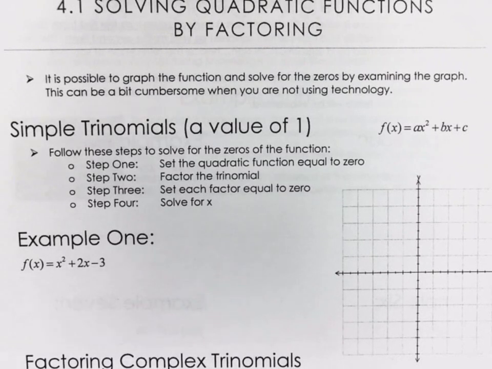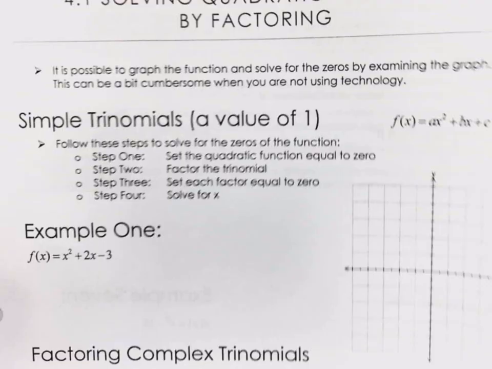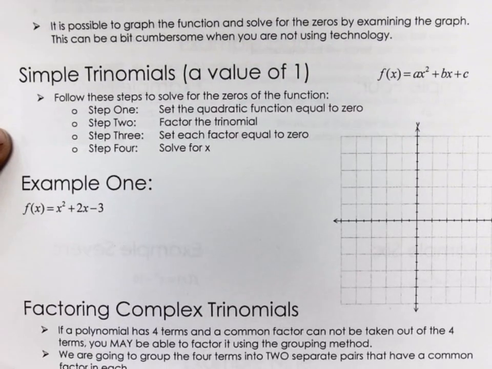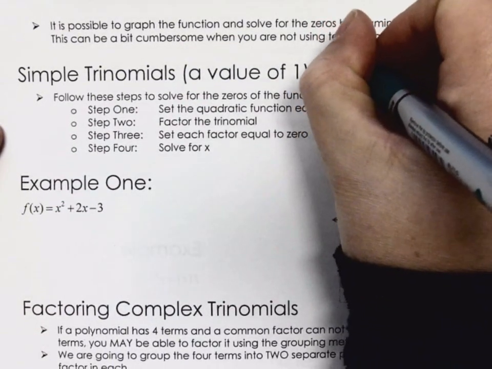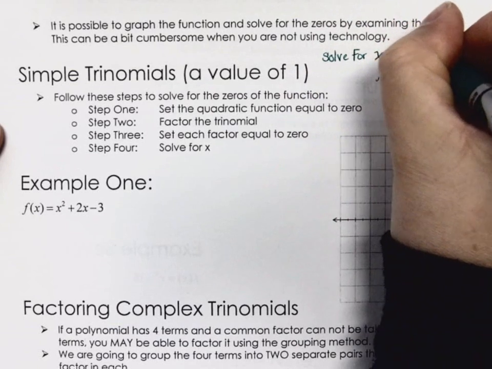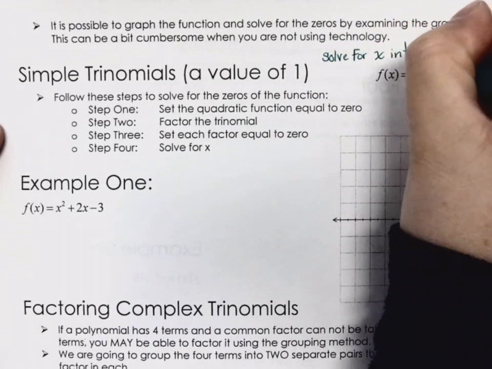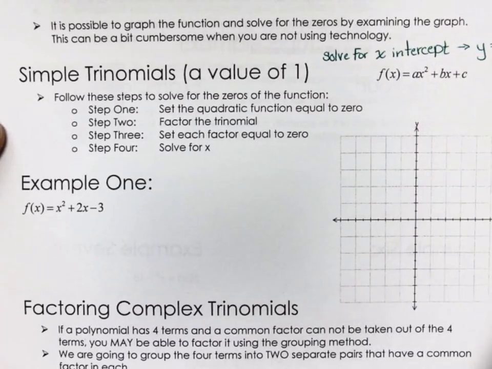What is the y value at an x-intercept? 0. So we know that anytime we're solving for an x-intercept, y is always equal to 0.